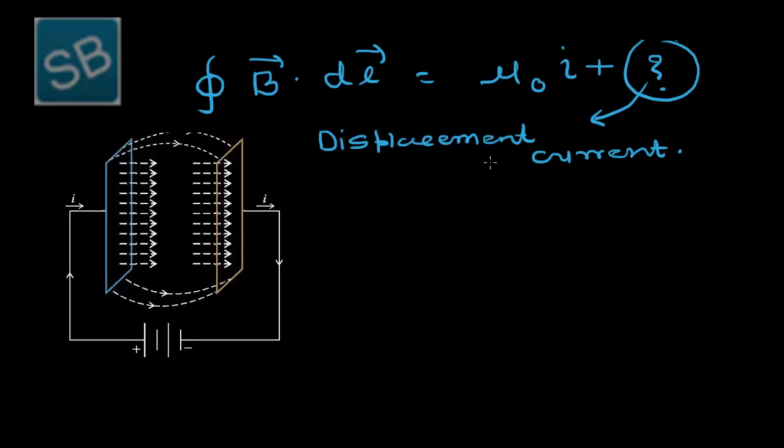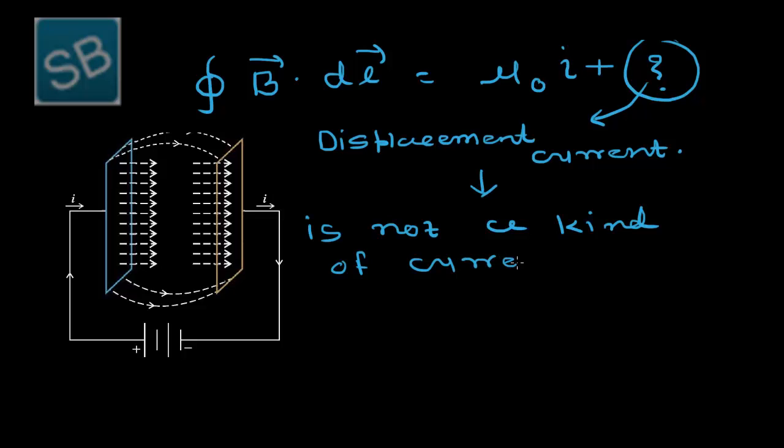And here the word displacement current is not actually a kind of current, but it is the motion of charges. It can be clearly demonstrated by considering a simple capacitor.